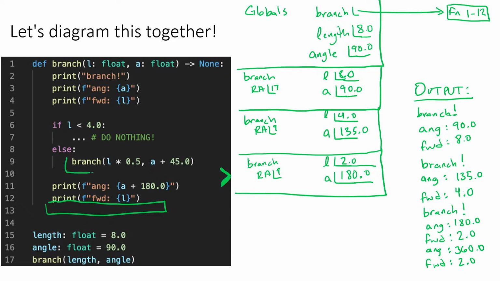And what's important to recognize is, imagine this, instead of this being a function called branch, imagine this is a function called some other function named, say, foo. We know that we would jump into that foo function and start it from the top. This is a function call. That's what we've been doing ever since we started looking at functions. This is no different than any other function call.